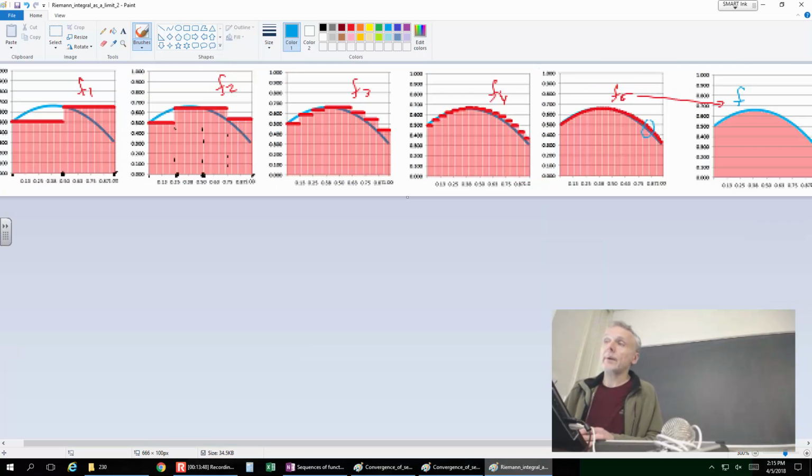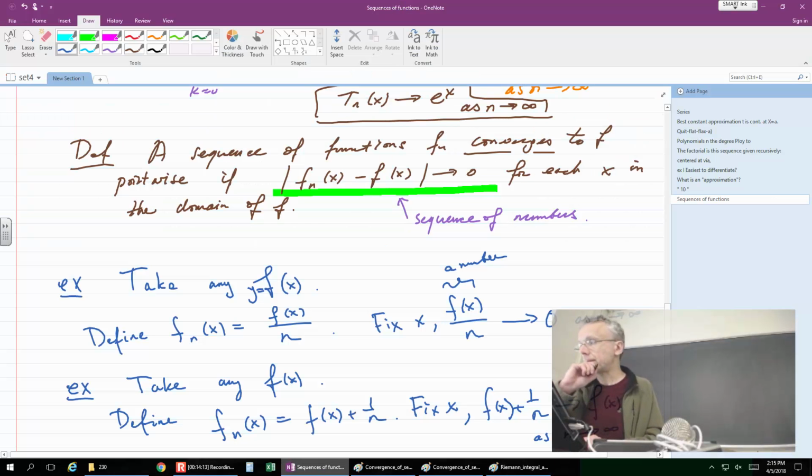But if we talk about the Riemann integral, then the convergence is still here, and it is about convergence to the original function f. Okay, these are the two main examples from Calculus 1, and then we will get more and more examples of all this stuff going on. Okay, so let's see.